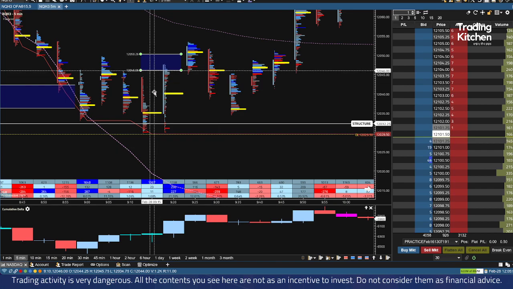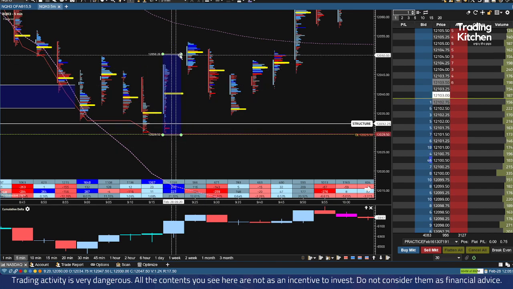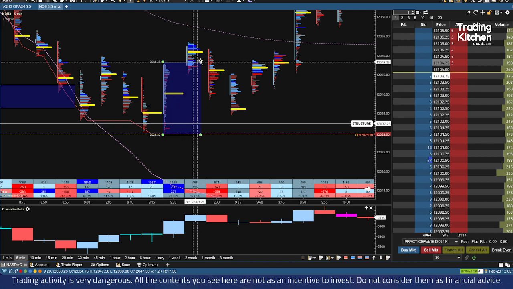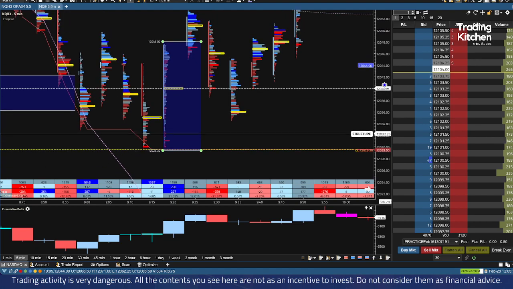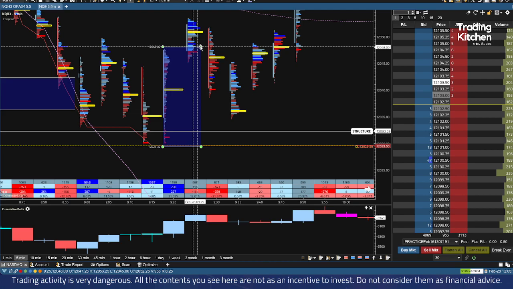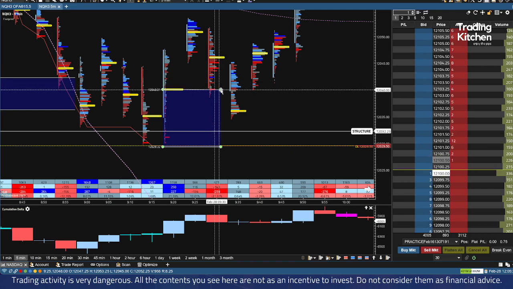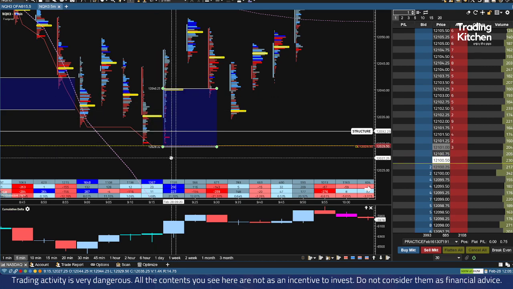Okay, now how to make it perfect? The first thing is the premium and discount zone. Okay, so if I want to go buy, to go long, I take a discount zone, so here. So from the POC to the bottom.